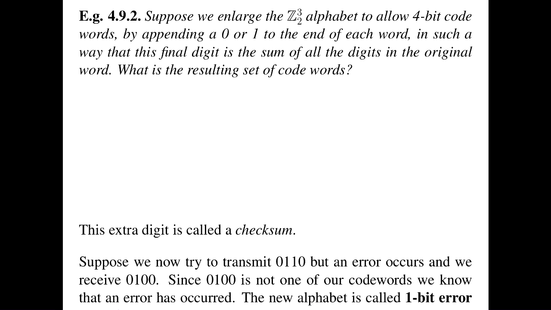So what's the resulting set of code words? Let's consider elements of Z_2^3, and then we add this extra fourth bit, this thing called a checksum. And what is it? It's the sum of the first three entries. So you add this fourth bit.